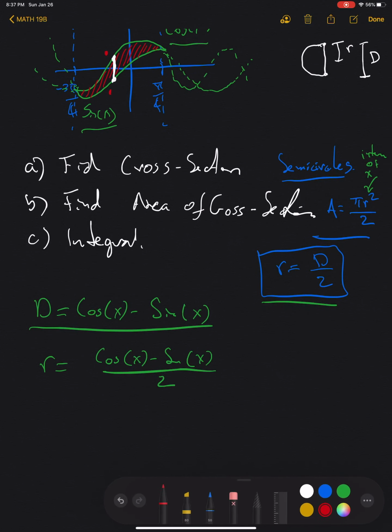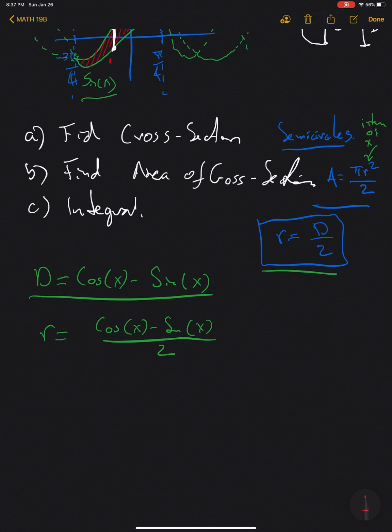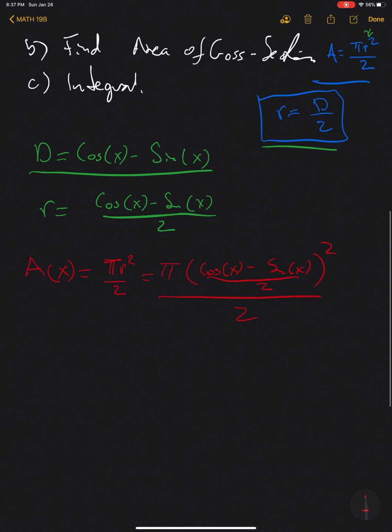Now I can put everything together. The area of this semicircle in terms of x is going to be pi r squared divided by 2, and we now know how to write r in terms of x. So this is pi times cosine of x minus sine of x divided by 2, whole thing squared, and then divided by 2. Let me simplify this a little bit so we have a nicer expression.